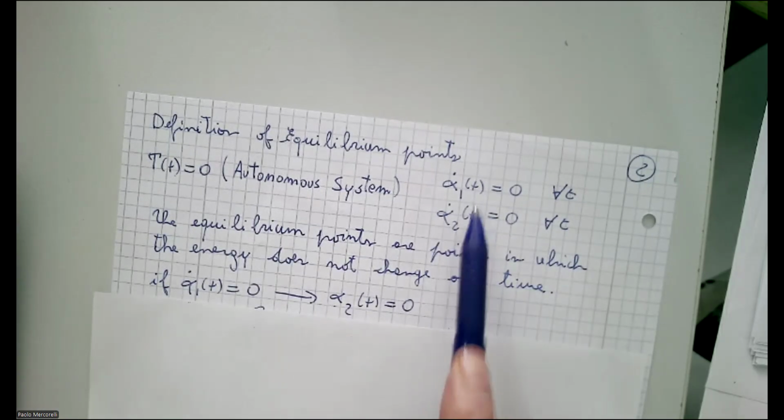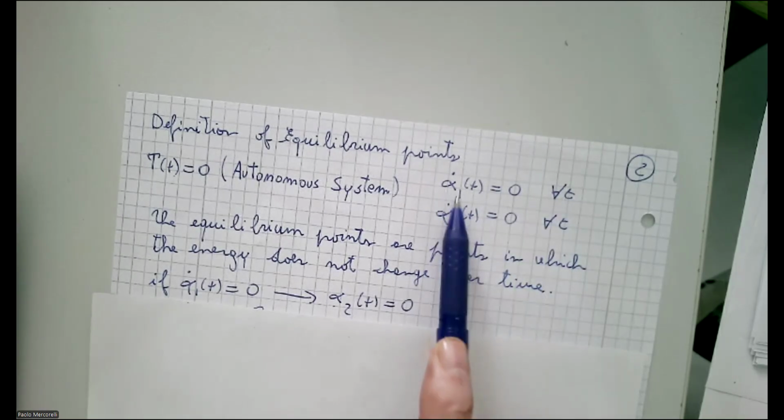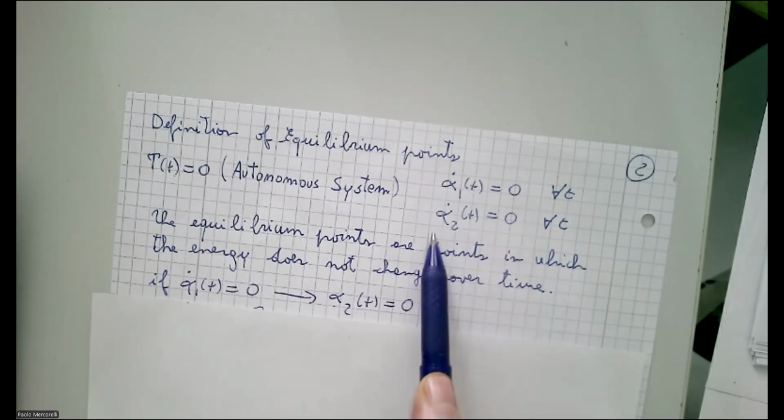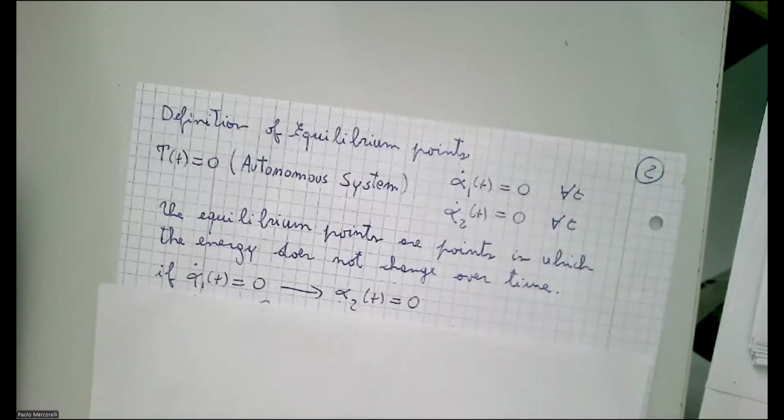The definition says that for each t, the derivative of alpha 1 is equal to 0 and the derivative of alpha 2 is equal to 0, meaning that the states represent or reflect the energy. This means the point in which we don't have changes of energy.